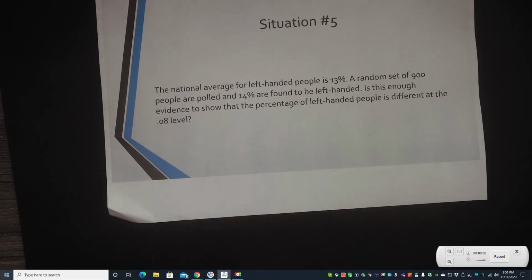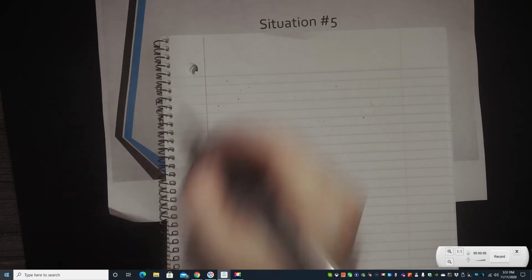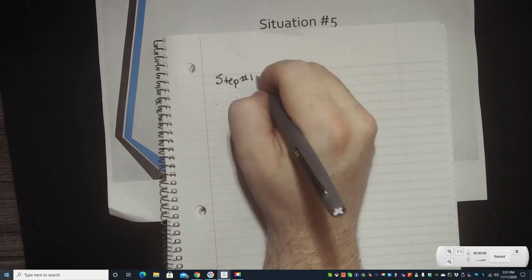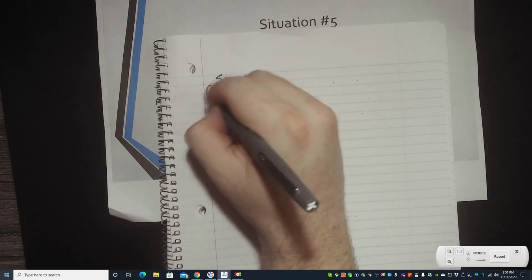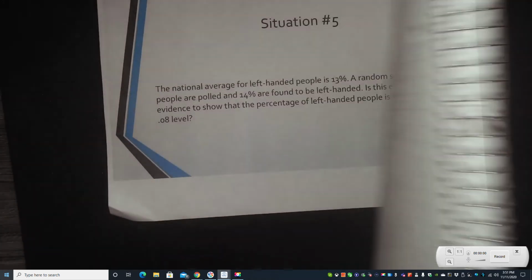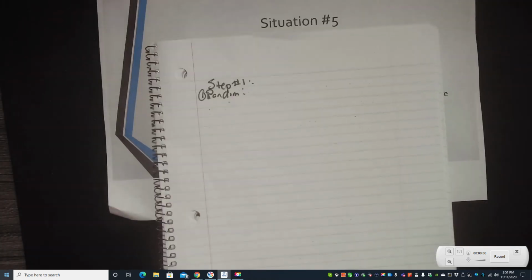Is this enough evidence to show that the percentage of left-handed people was different at a 0.08 level? Okay, step 1, random. 900 people are taken at random.